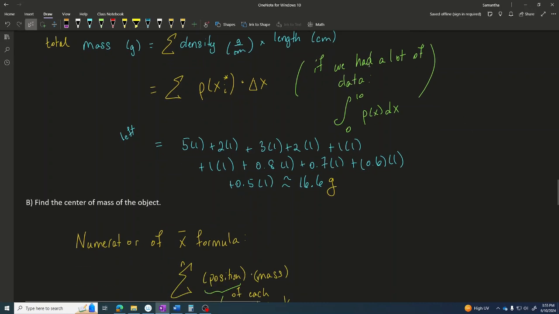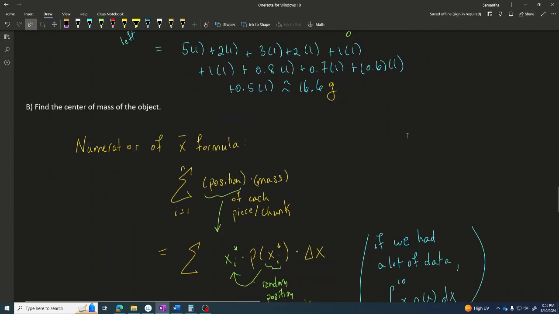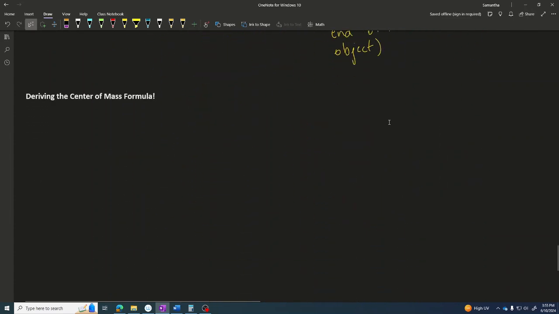So let's use these notes that we've made on the side to write down the integral formula for a center of mass.